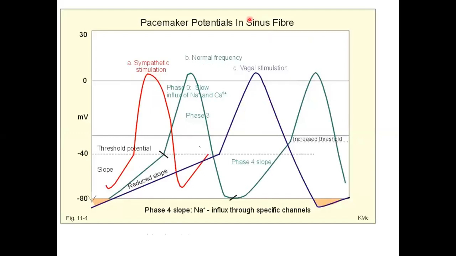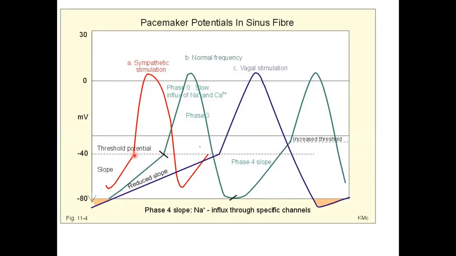This shows what happens with your pacemaker potentials. So green is normal. So notice here's your pacemaker cell. It hits threshold, depolarizes, right? Hits threshold, depolarizes. Take a look at when you add epi and norepi to the heart. So that's sympathetic stimulation. So notice how the slope increases.